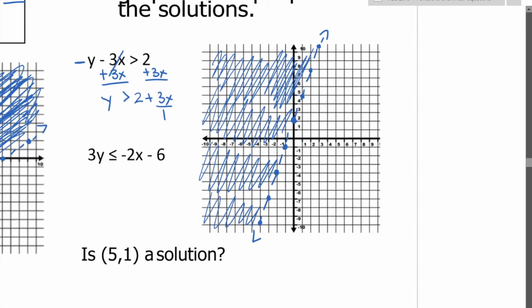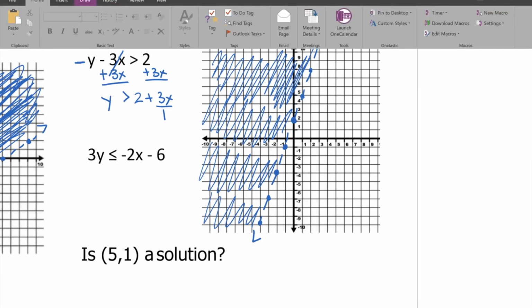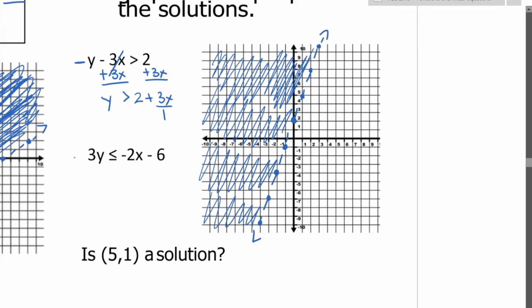Alright. And last but not least is the next one. Let's make this one red. Okay. The first step, we're going to do this all over again, is to get y by itself. How do I get y by itself?